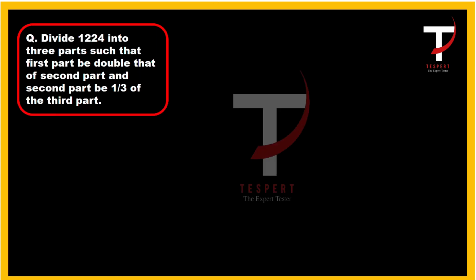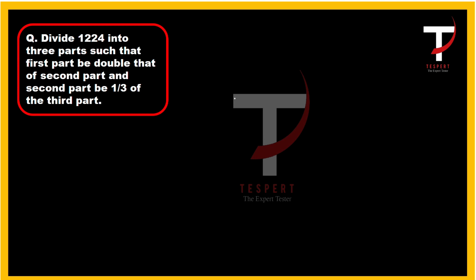So divide 1224 into 3 parts such that the first part should be double that of the second part, and the second part should be 1/3 of the third part, right? So here 1224 must be divided into 3 parts such that the first part must be double that of the second part.